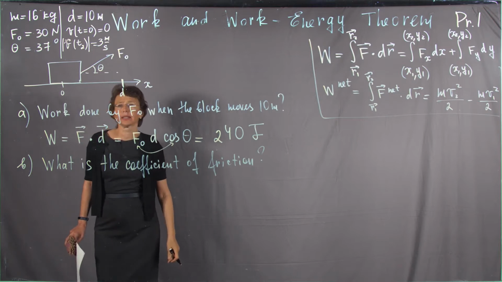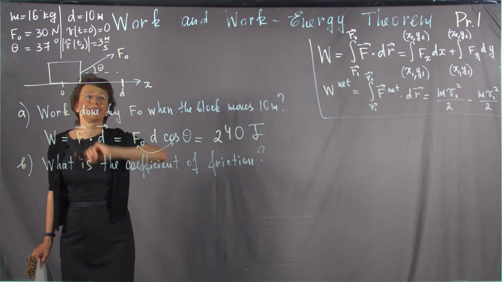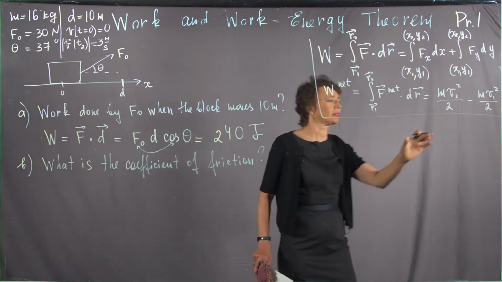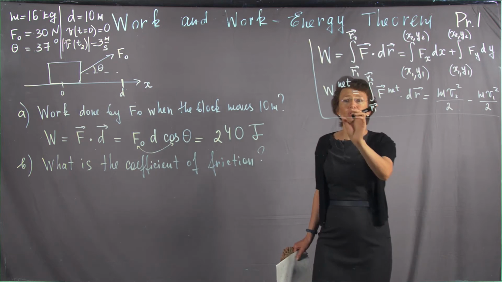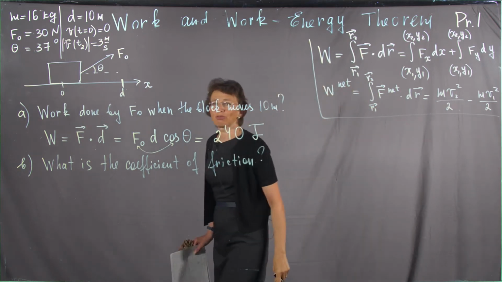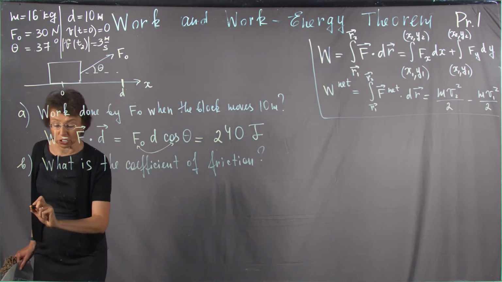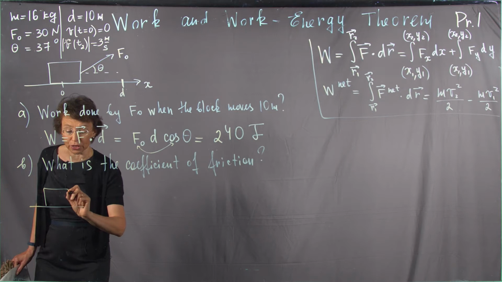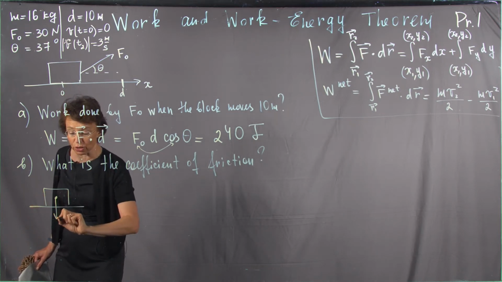So let's look what we are given. We are given initial velocity. We know final velocity. So we know the right-hand side of this equation. If I can find work done by each force, I can solve for the coefficient of friction. So let's do that. We need to draw the free body diagram for this block, isolate it, and draw all forces applied to this block.